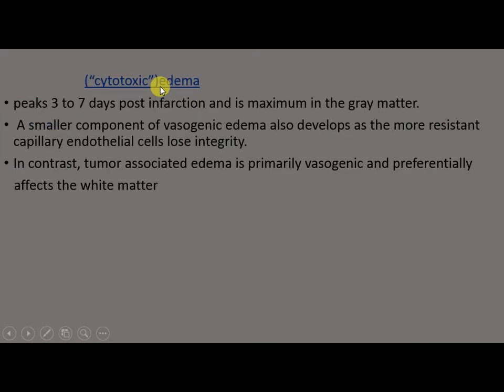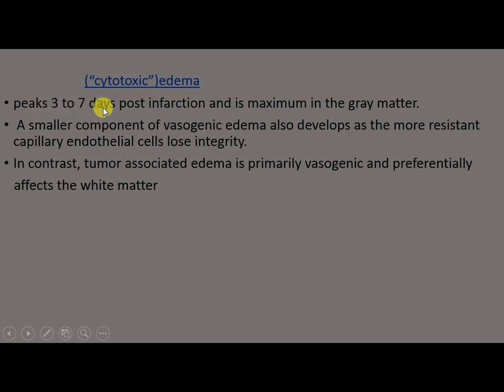There are many terms like cytotoxic edema. The main thing here is to discuss cytotoxic edema and vasogenic edema. Cytotoxic edema is usually due to brain cell swelling, causing efflux of potassium and influx of water, calcium, and sodium into the cell, swelling the brain tissue cells.